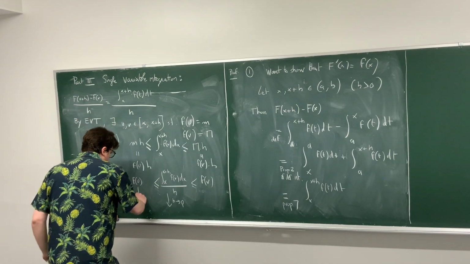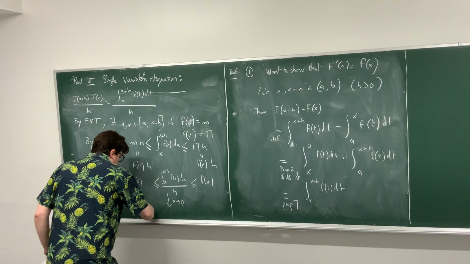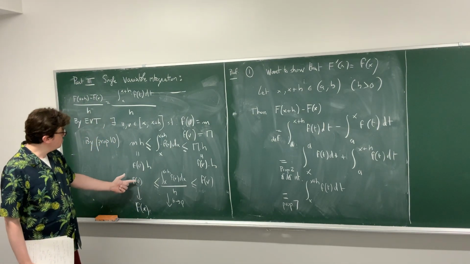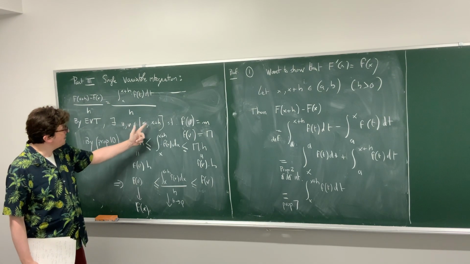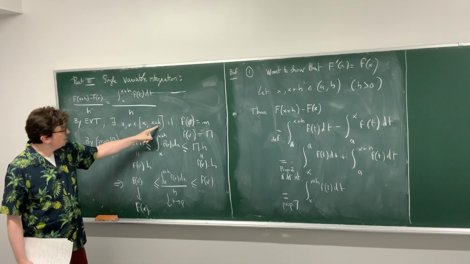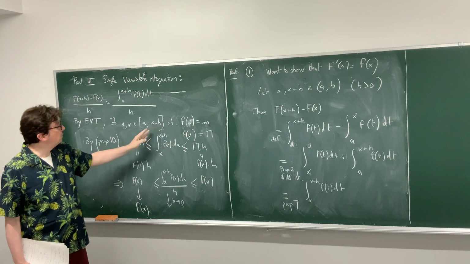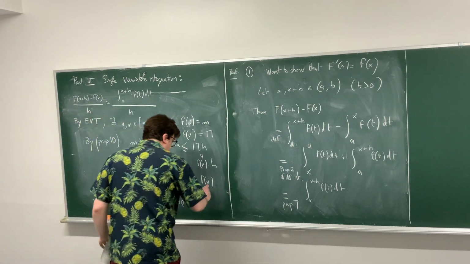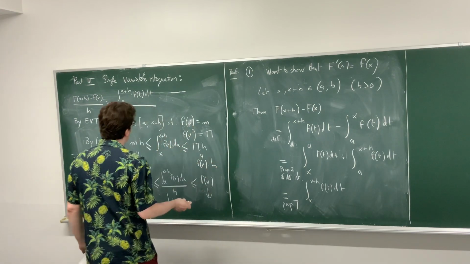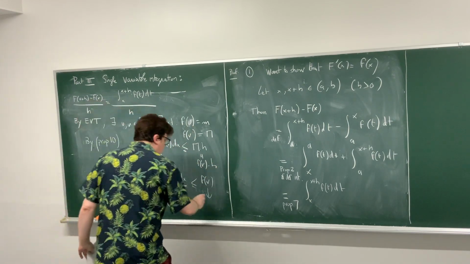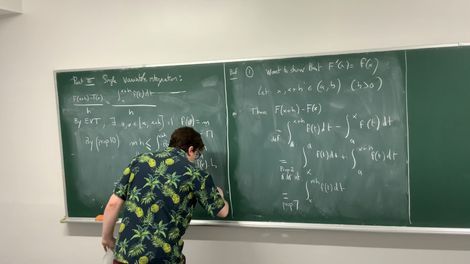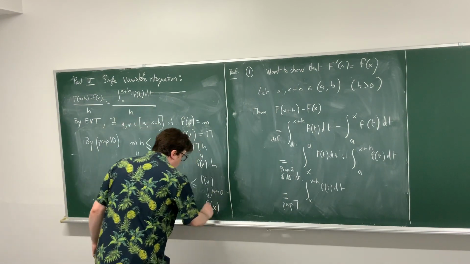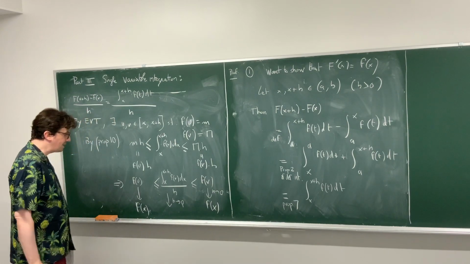So this goes to f of x, because there is no other value possible for u. U belongs to the closed interval x and x plus h, and h goes to 0, so between x and x, basically. So this goes to f of x, and this, for the same reason, because it belongs to the same interval, and when h goes to 0 there is only one possible value, which is x, converges also to f of x.